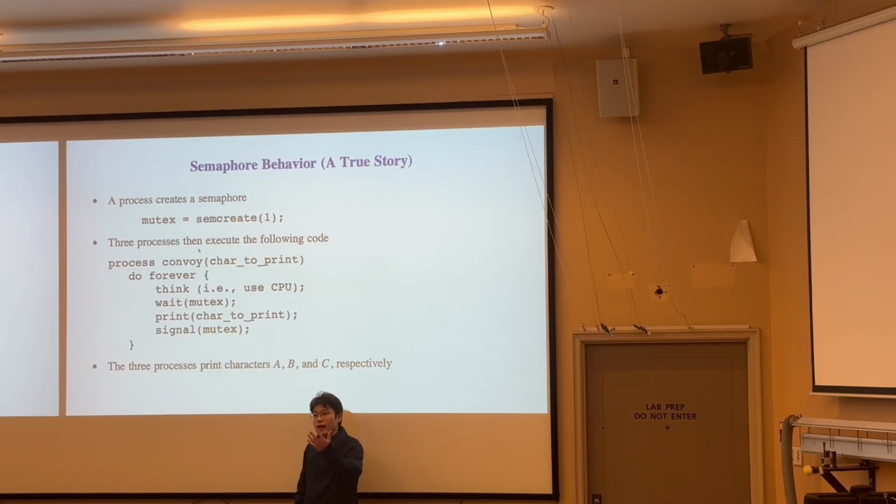The interesting scenario happens when process A is executing inside this critical region between wait and signal, and a context switch happens. Because the context switch happened while A is holding this semaphore, when B gets switched in, B can execute this loop, but it will be blocked, waiting for the semaphore.